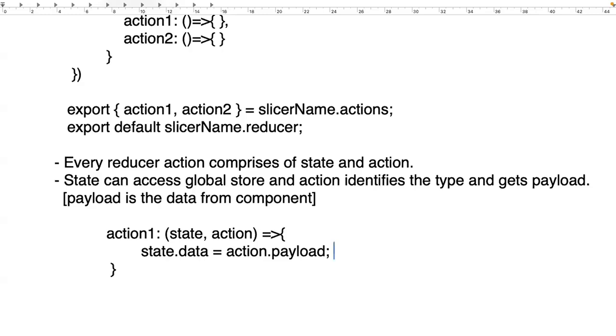The data is updated with the new data coming from the component. That means state will collect the global state, and in the global state it will collect the data coming from the component, store it, and update it.